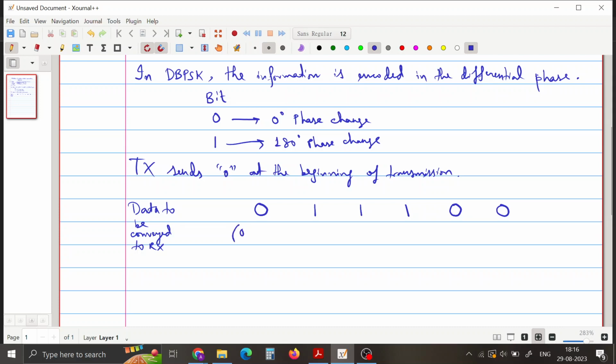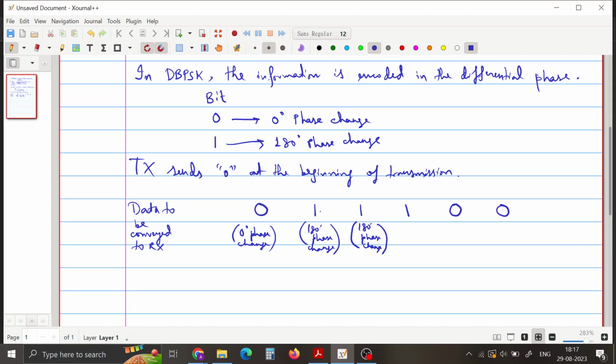So this is 0-degree phase change, and 1 means 180-degree phase change. Again another one, 180-degree phase change. When it's 0, it's 0-degree, no phase change.